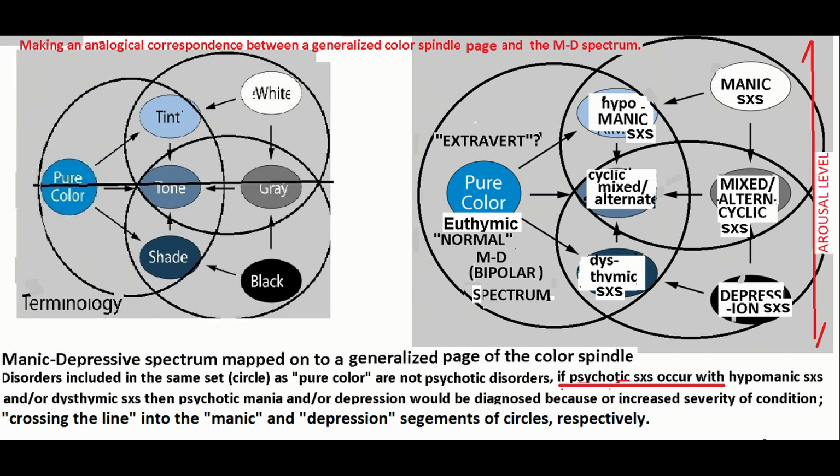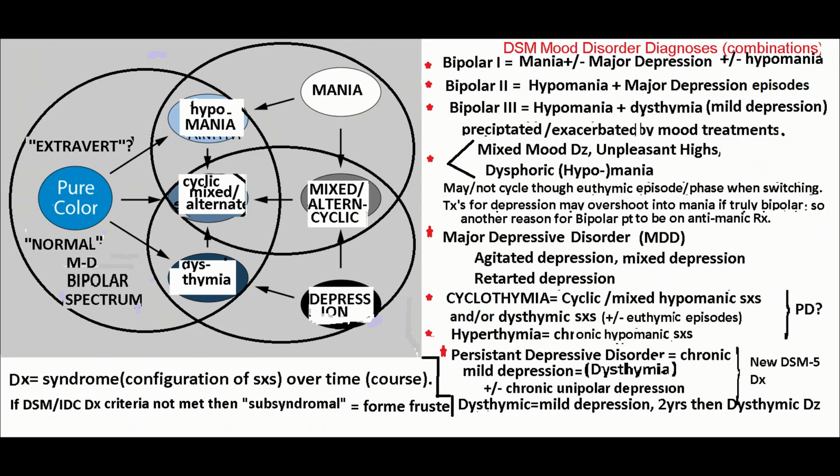Here are these sets again with pretty much the same labels, but these combinations like bipolar 1: you have to have mania. Bipolar 1 has to have mania. Even if you don't have any other depression or hypomania, it's still called bipolar 1, just having mania by itself.